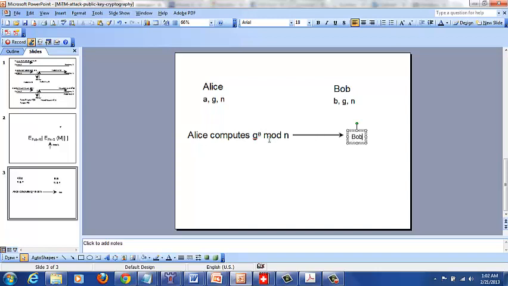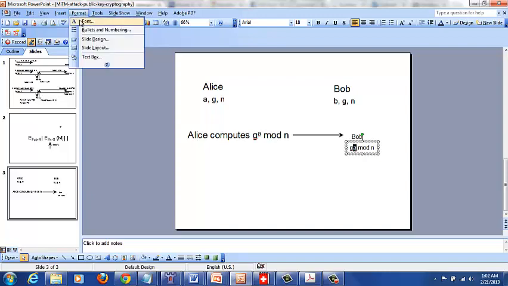So Bob has this, right? So now Bob also has what with himself? Bob has the B, the secret integer that he generated. So now what happens?